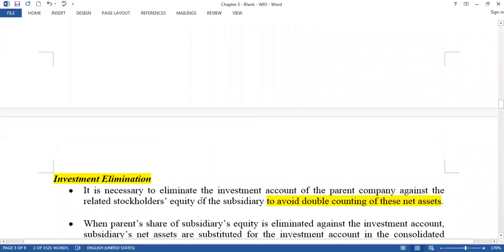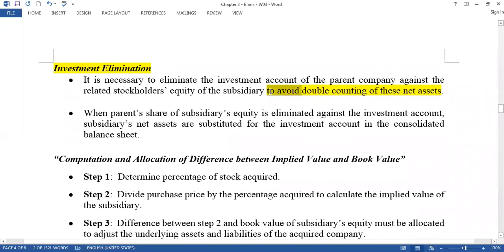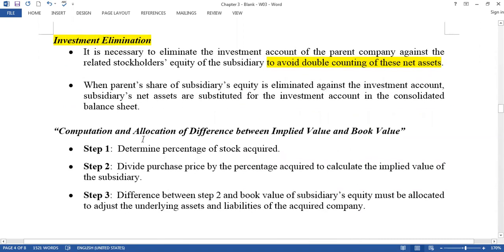So in order to avoid this double counting, we are going to eliminate the net assets. Then the parent's share of the subsidiary company's equity is eliminated against the investment account. So this is the same thing.